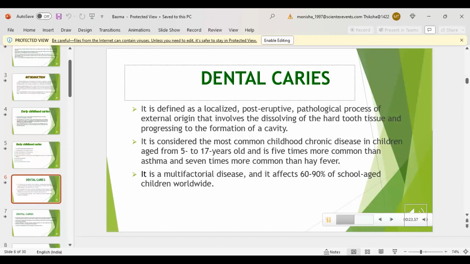It's considered the most common childhood chronic disease in age between 5 to 17, and is 5 times more common than asthma, and 7 times more common than hay fever. It's a multifactorial disease, and it affects 60 to 90% of school-age children worldwide.